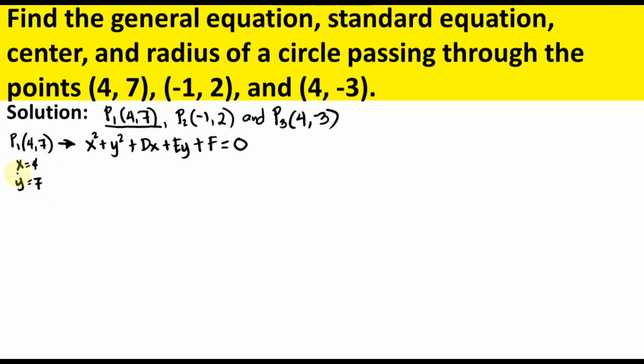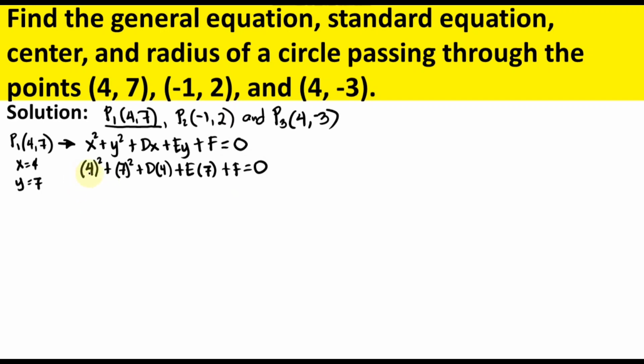So we will substitute the value of x and the value of y in this general equation of a circle. So anong value ng x? So that is 4 raised to 2 plus ang y is 7 raised to 2 plus d times the value of x, that is 4, plus e times the value of y, that is 7, plus f equals 0.